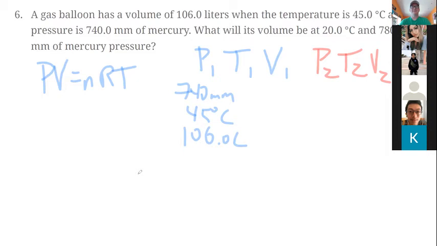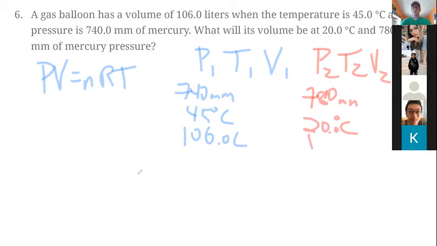What's the second pressure after? 780 millimeters. Yep, so that's our P2. What's our T2? 20 degrees Celsius. Yep. 20.0, right? And our volume, we don't know.